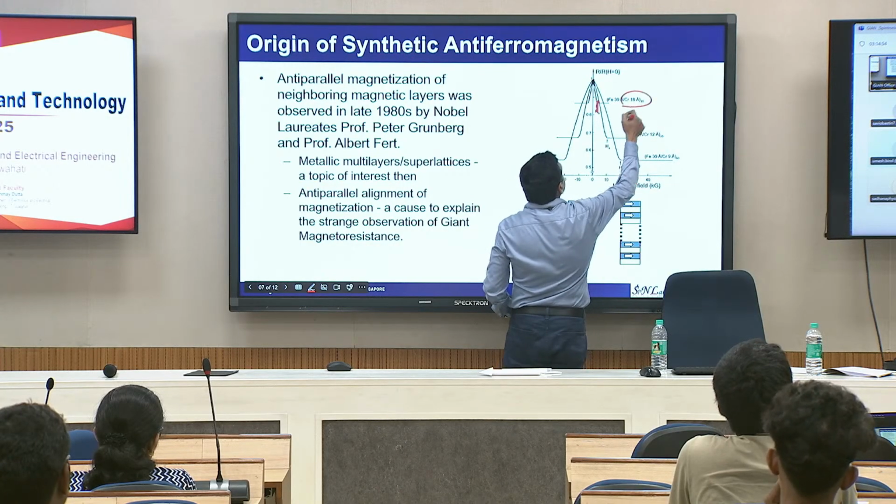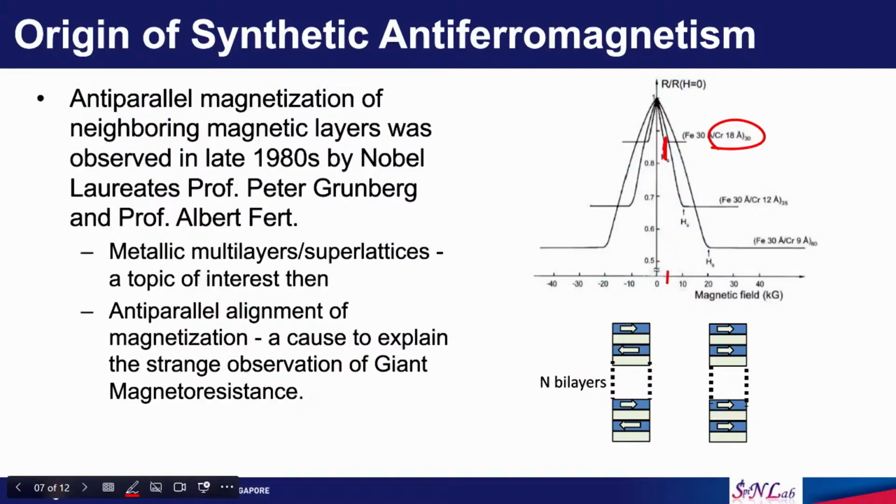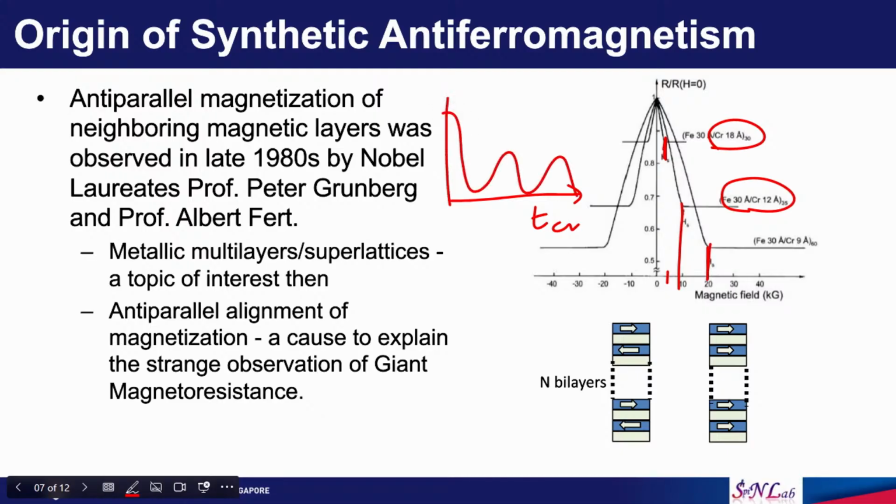For chromium 18, the saturation happens somewhere here, chromium 12, the saturation happens somewhere here, chromium 9, the saturation happens here. That is because with respect to the chromium thickness, you may have some oscillatory coupling.